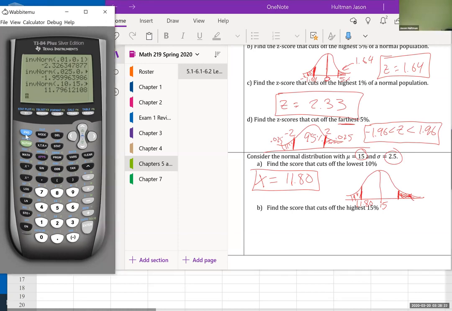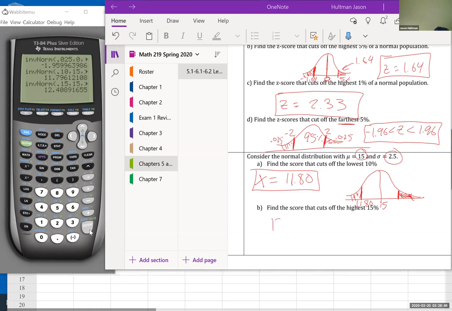So let's do second vars, inverse norm. 15% this time. So that tells me it's 12.41, right? That would be if it was the lowest 15%.